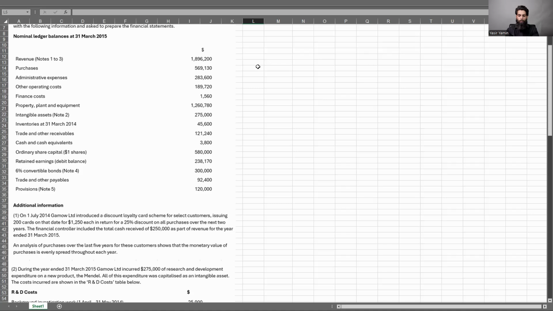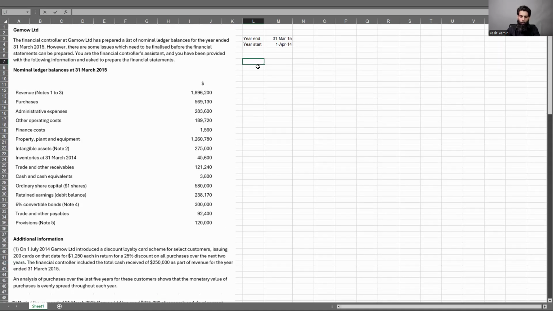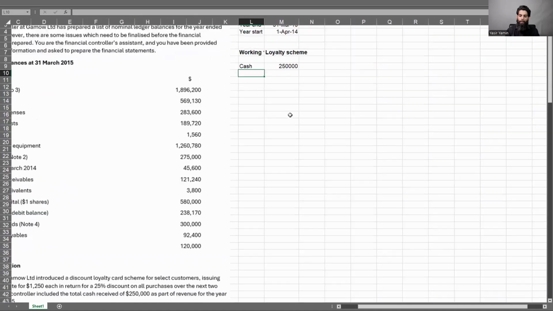Just imagine, I'm going to write working number 1, and you can write any name, let's say loyalty scheme. So under this loyalty scheme, I have collected cash of $1250 each on 200 cards. How much money have I collected right now?